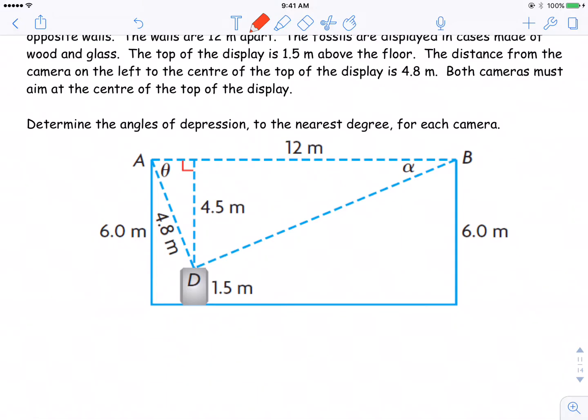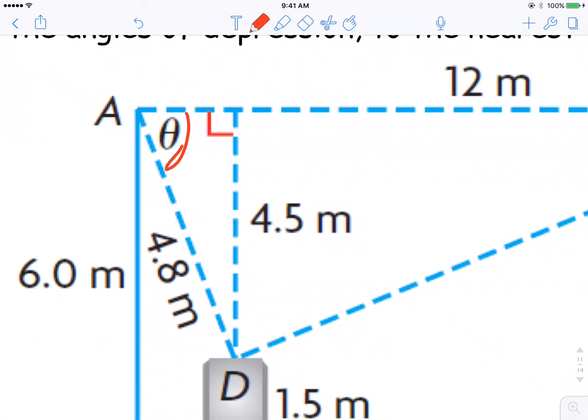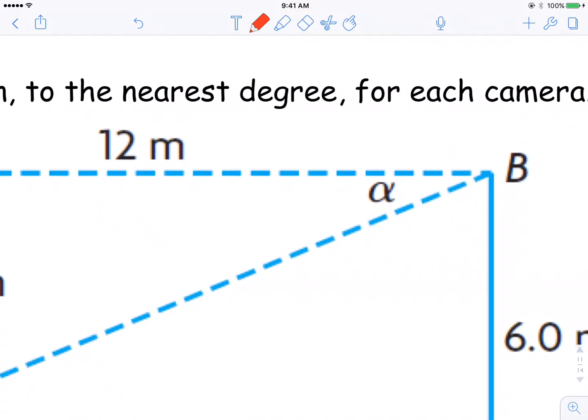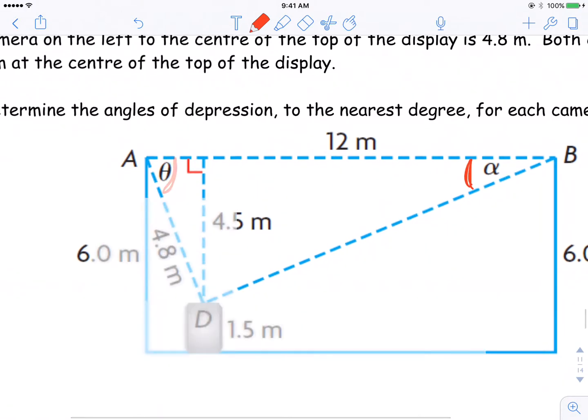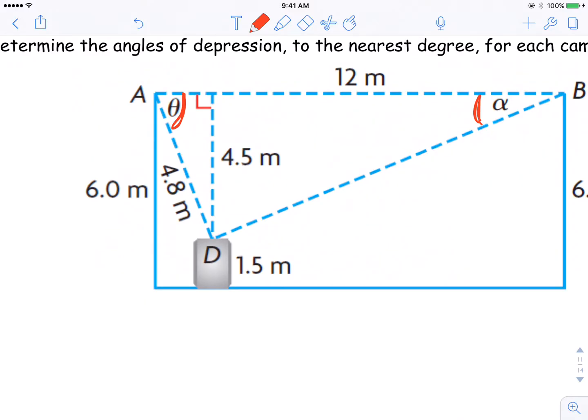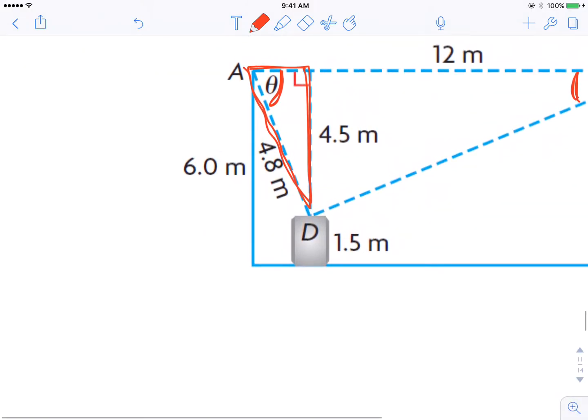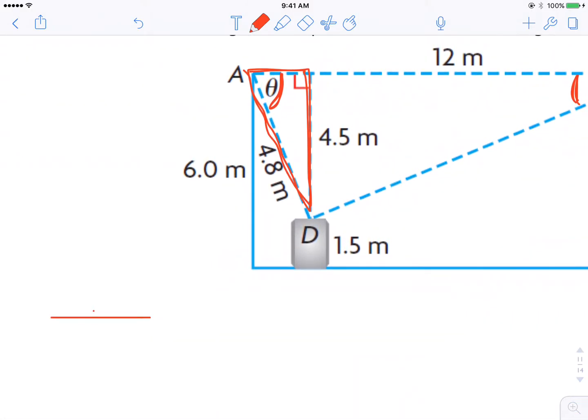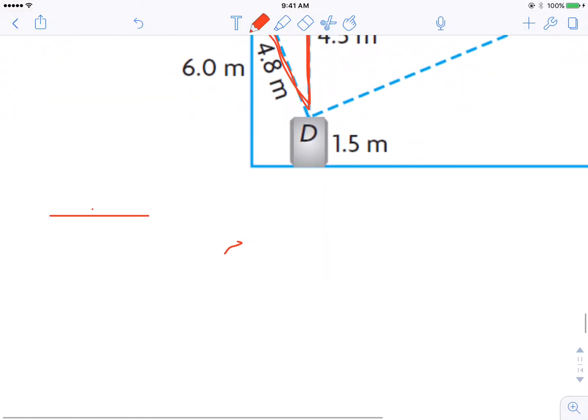So what we are looking for is theta here and alpha over here. Now this question's given you the nice triangle diagrams, so it should be pretty easy to see. Right here I have a right angle triangle, so I want to use SOHCAHTOA. I'm going to quickly redraw that down here just so that I have something to work with.